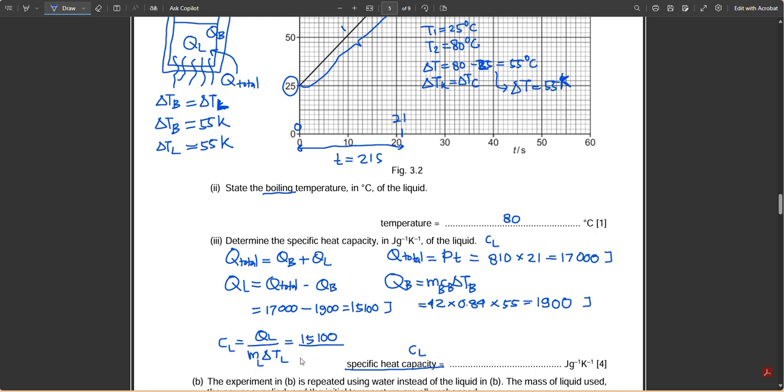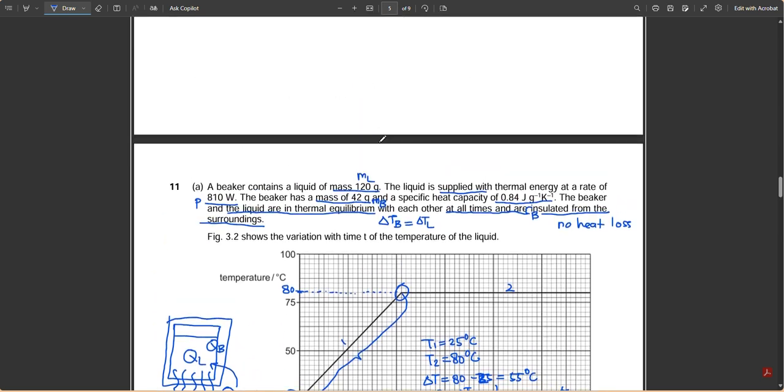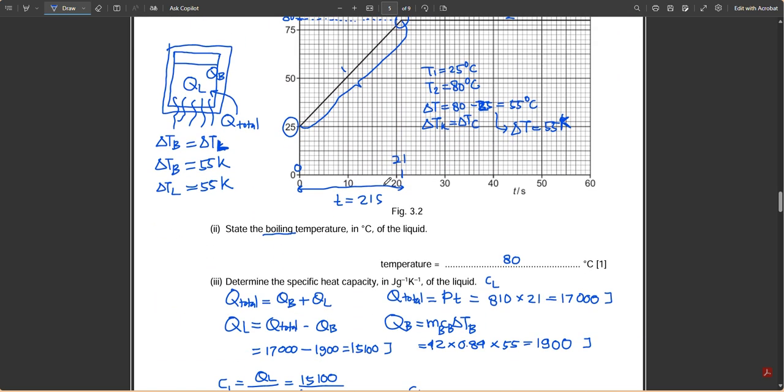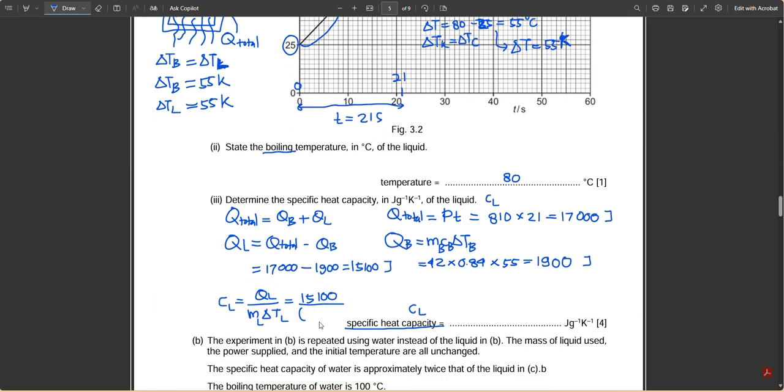Then let's substitute. 15,100. The mass of the liquid is here, 120. And then the delta T of the liquid, once more, is here, 55. Okay, grab your calculator. This is the last calculation. What is it? Yes, it's actually 2.288. Then, how many significant figures?